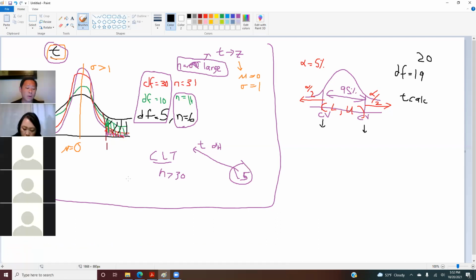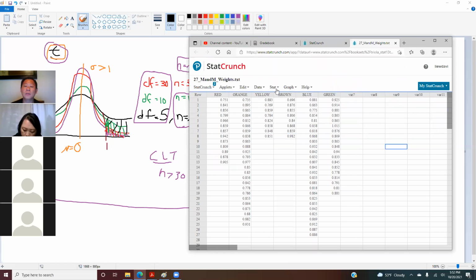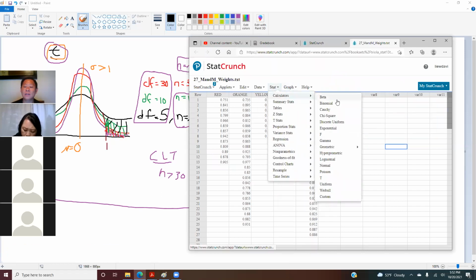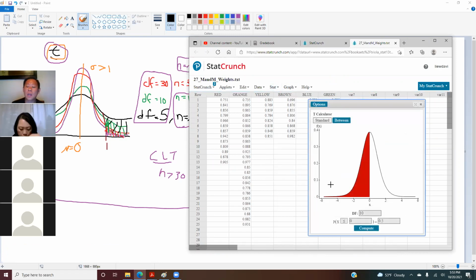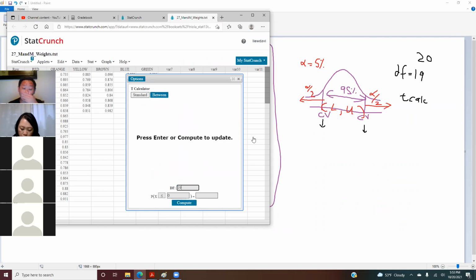In StatCrunch, you go to Stat, Calculators, T. Last time we did binomial and normal, right? This time we do T. They will ask you for the degree of freedom, and since I have 20 students, the degree of freedom is 19.